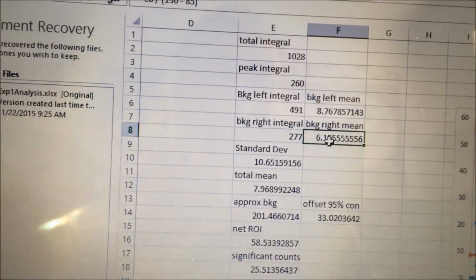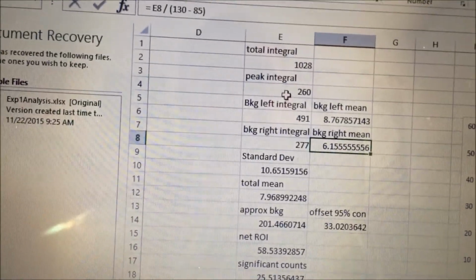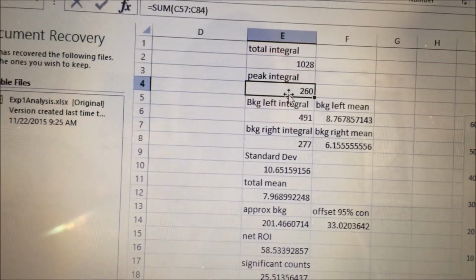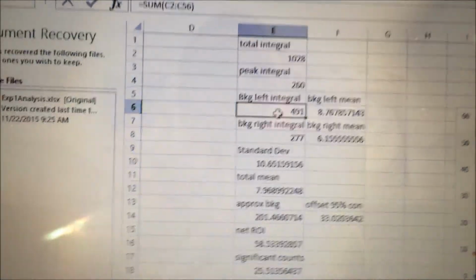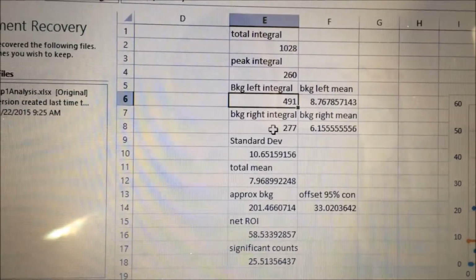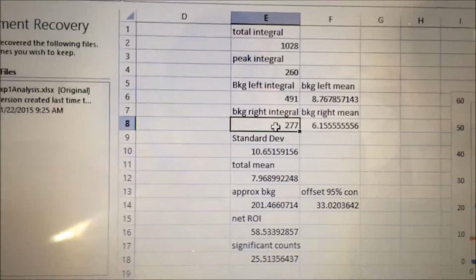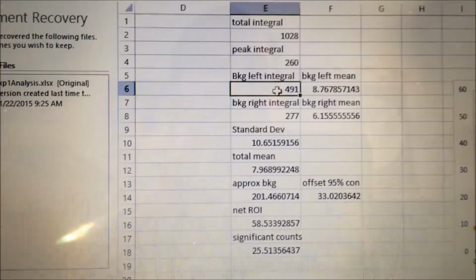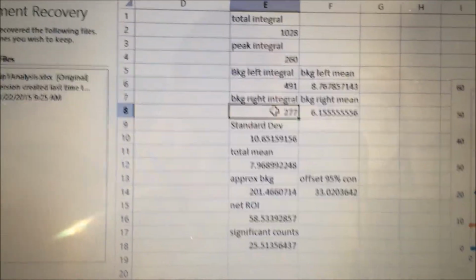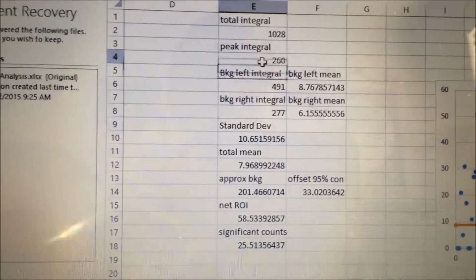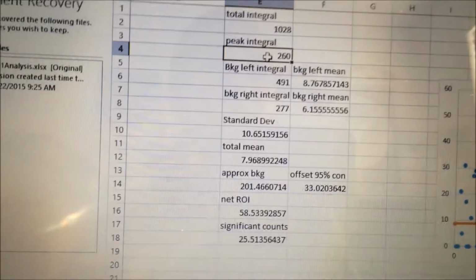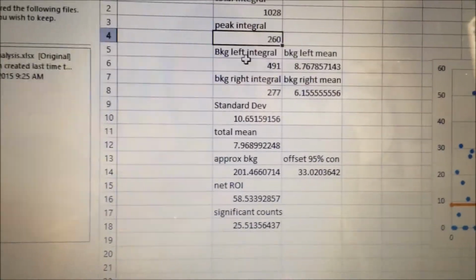This is the mean of the background on the right. This is the total area under where we think the peak is. This is the total area under the other background, this was the left background, and this was the right background. You'll notice it's pretty big compared to our actual peak, but that's mostly because it just takes up more channels.